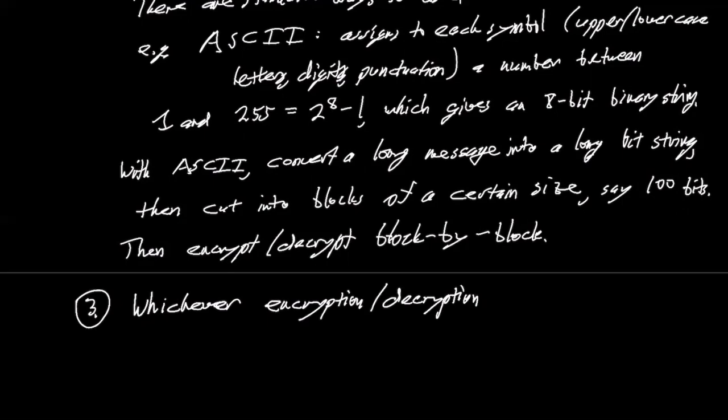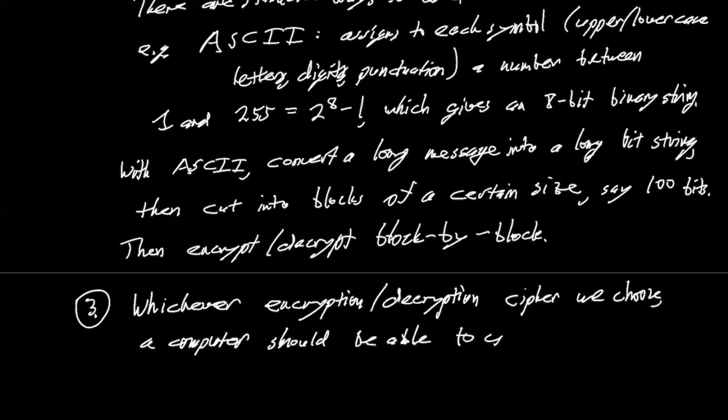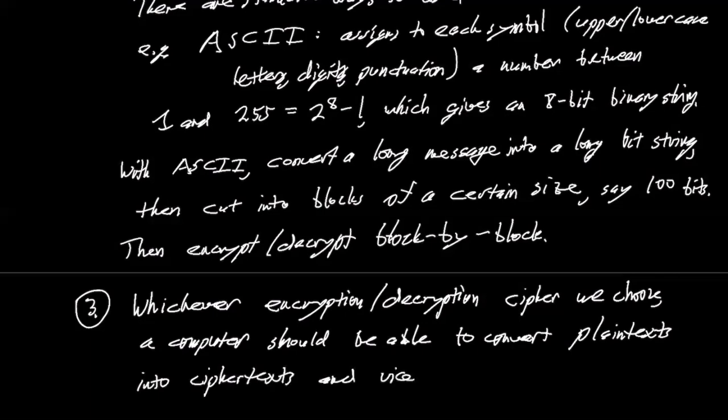So whichever cipher we choose, it's only effective if a computer can convert plain texts into ciphertexts, and vice versa, quickly, meaning using relatively few computer cycles. So we're going to care about the runtime of these things.